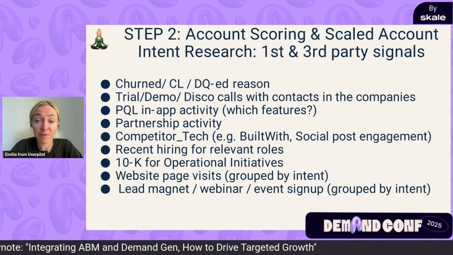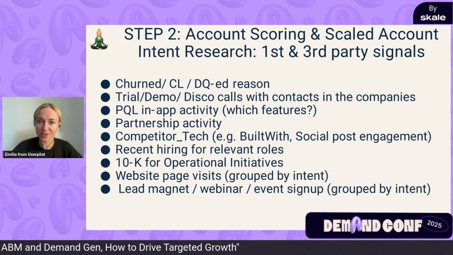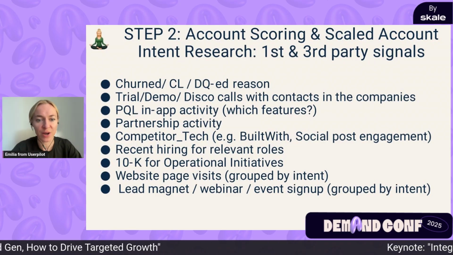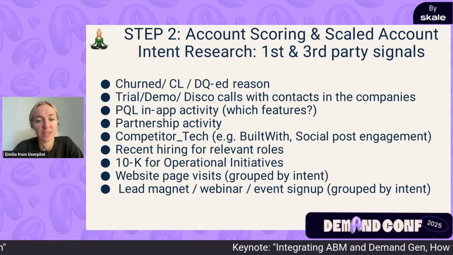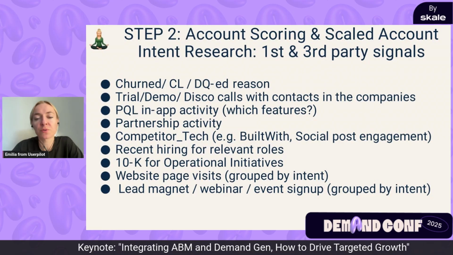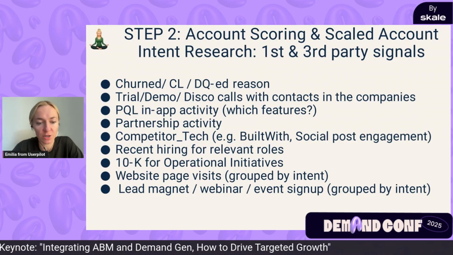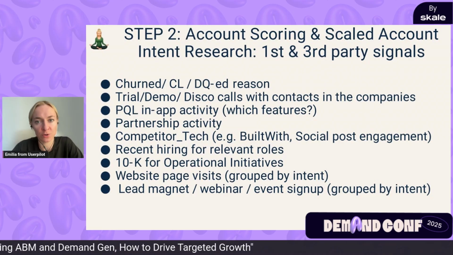Recent hiring for relevant roles always signals that they may be in the market for buying tools. 10K for operational initiatives, website visits, lead magnet, webinar, event signups on your end. So there is a wealth of information in your CRM already that you can use for your account scoring.